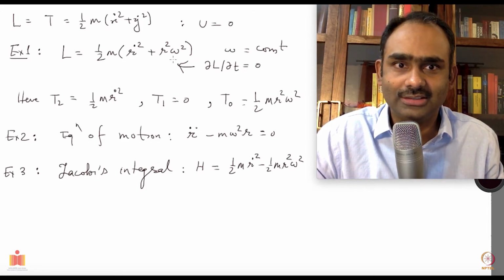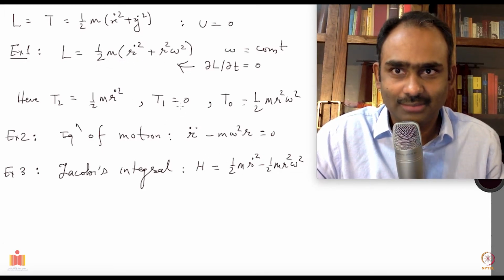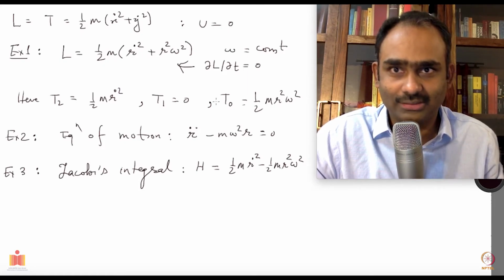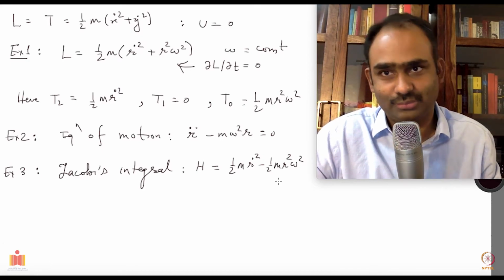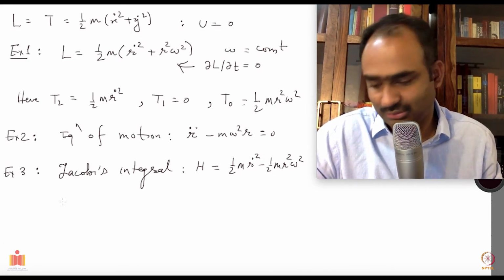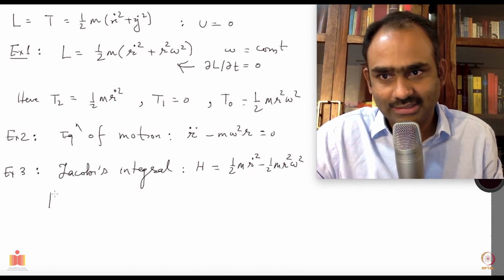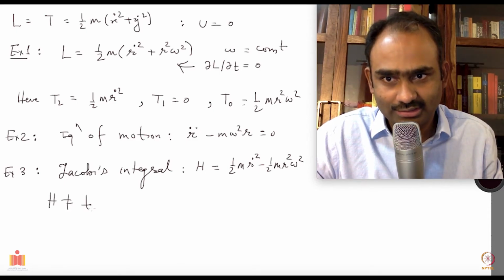This is the total kinetic energy. So you have half m r dot square, but then you have a plus half m r square omega square, and here you have minus half m r square omega square. So clearly this is not the total energy.